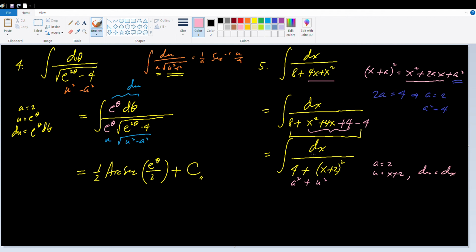So this integral is of the form du all over a squared plus u squared. And we know that that is equal to 1 over a, which is 2, arctangent of u, x plus 2 all over a, which is 2, plus c.